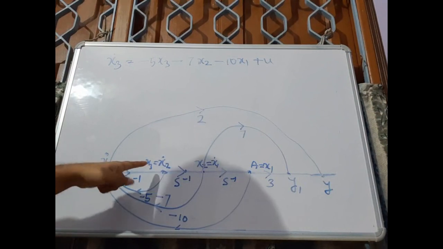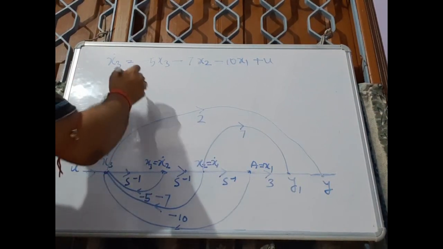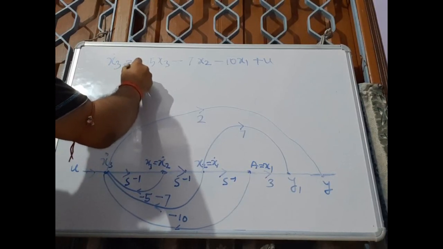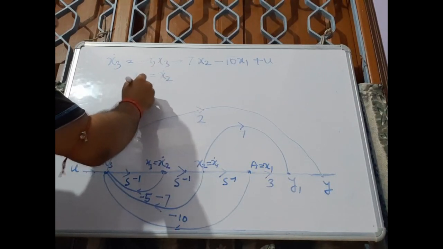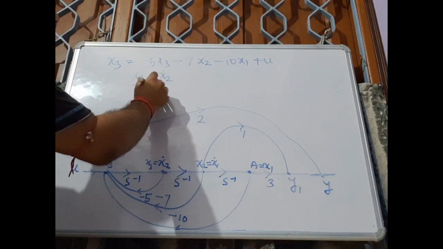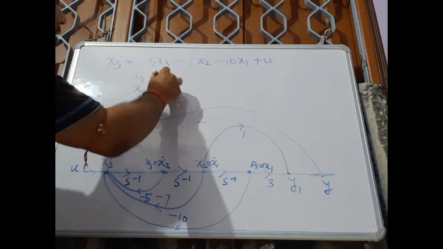And x3 is equal to x2 dot, and x2 is equal to x1 dot, right?